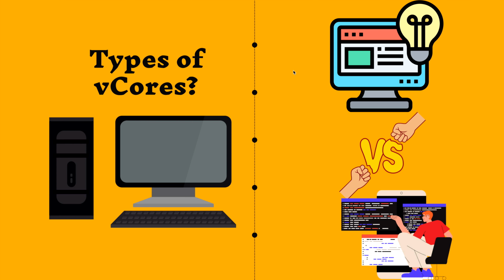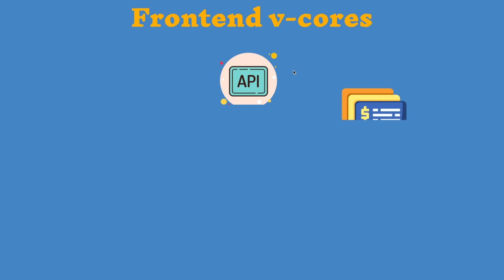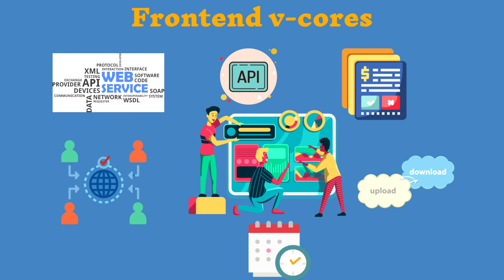Now let's first discuss the different types of vCores. In Power BI Premium, processing is achieved by a set of vCores divided equally between backend and frontend. The front-end vCores are responsible for your web services, dashboard and report document management, access right management, scheduling, APIs, uploads and downloads, and generally everything related to the user experience.